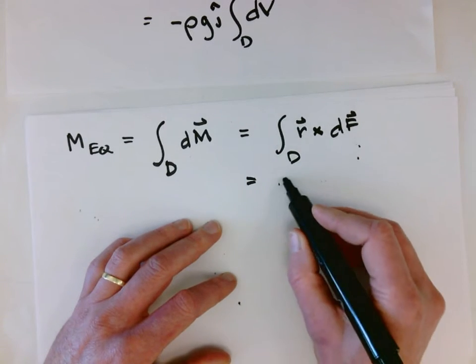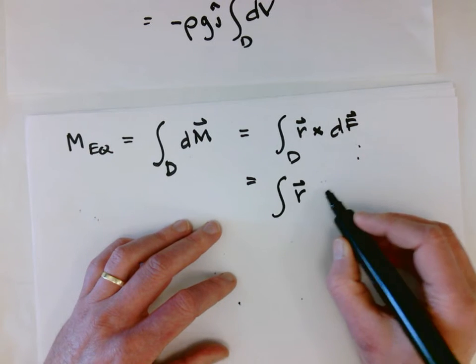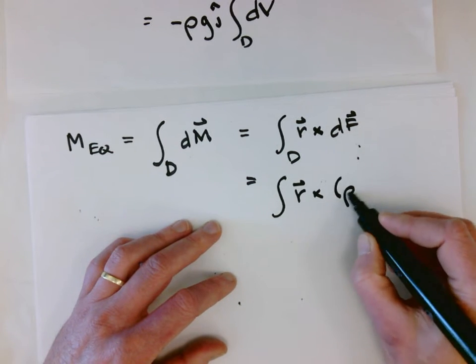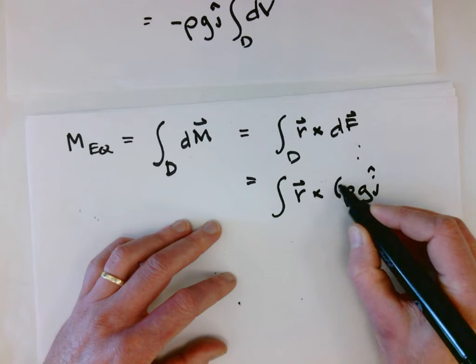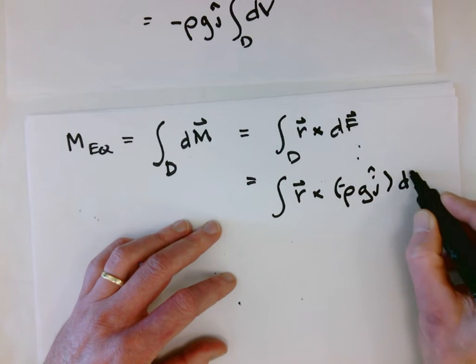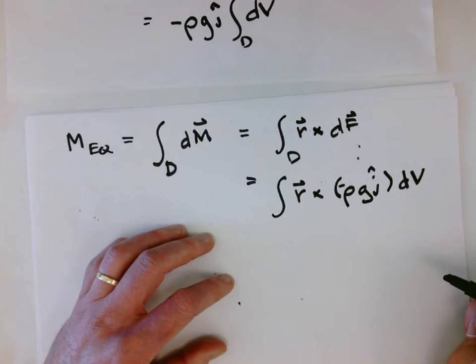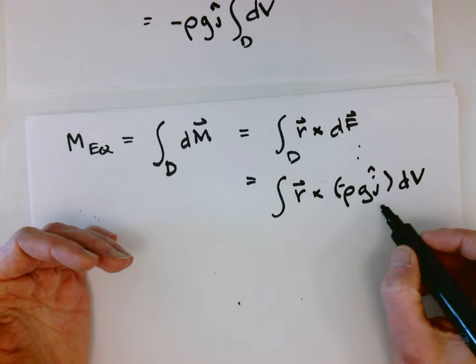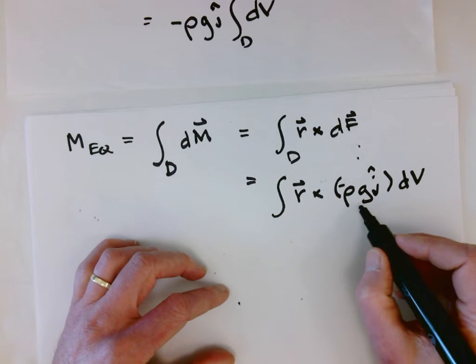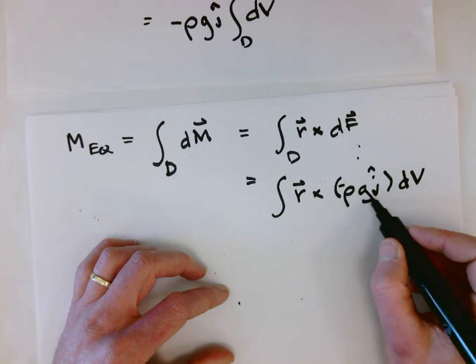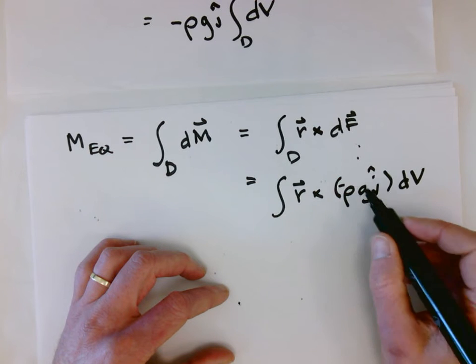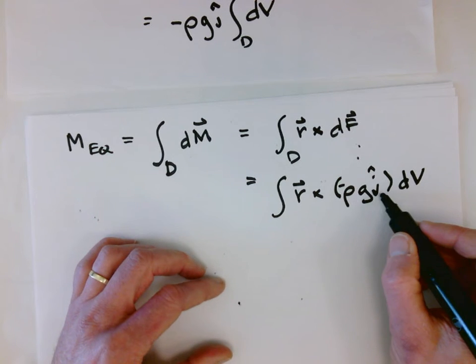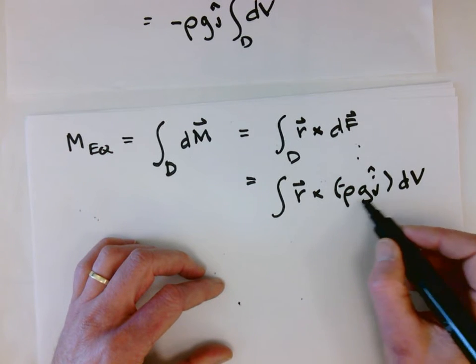And if I write that out, I've got the integral of r cross rho times g times j hat with a negative sign, dV. But if I take a step back and look at this integral, I could pull out the g and the j hat and the rho and the negative sign. Those are all constants.